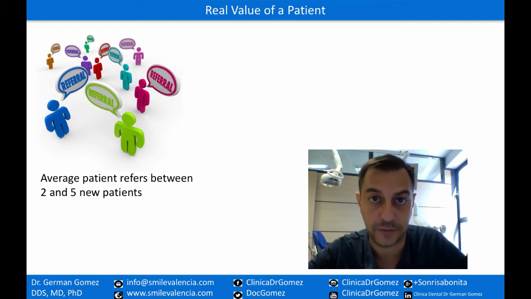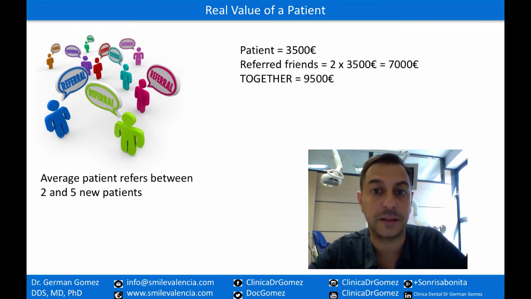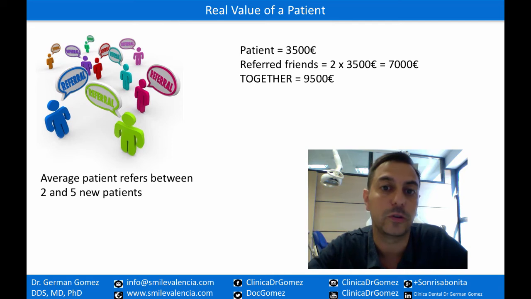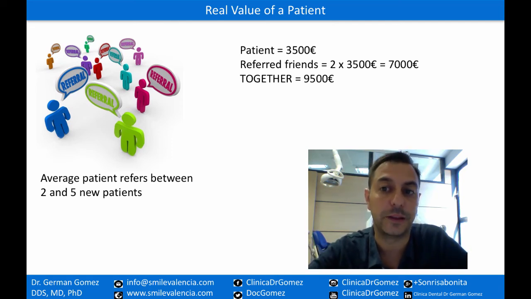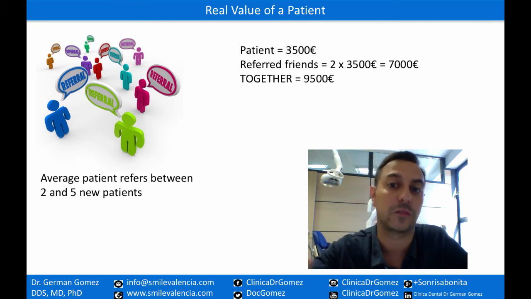Between 2 and 5. Now, that means if the patient himself has a value of 3,500 euros and he refers only 2 patients that are also valued at 3,500 euros, because they wouldn't come to you if it wasn't because of that new patient, so that value would be 7,000, and together the value of this new patient that he will bring in business for you is 10,500 euros.